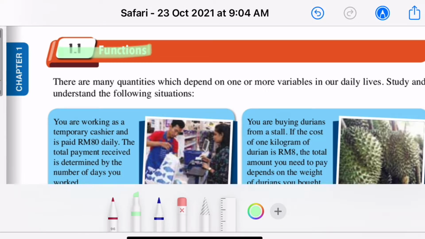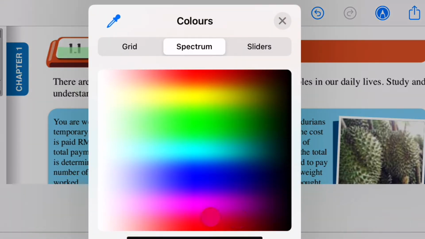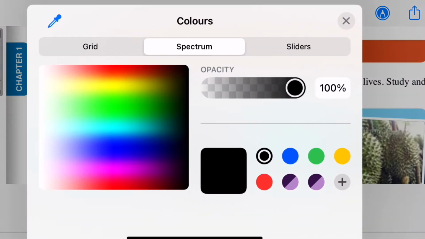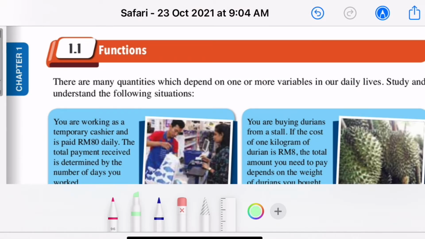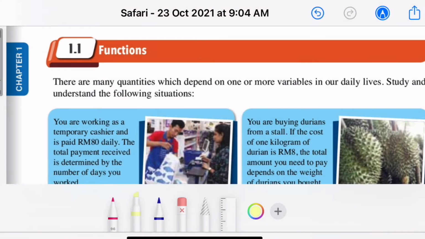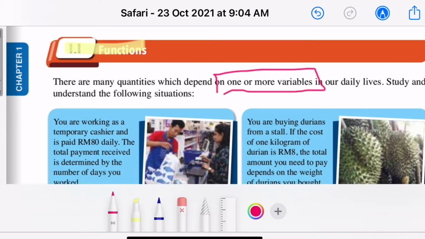There are many quantities which depend on one or more variable in our daily life.